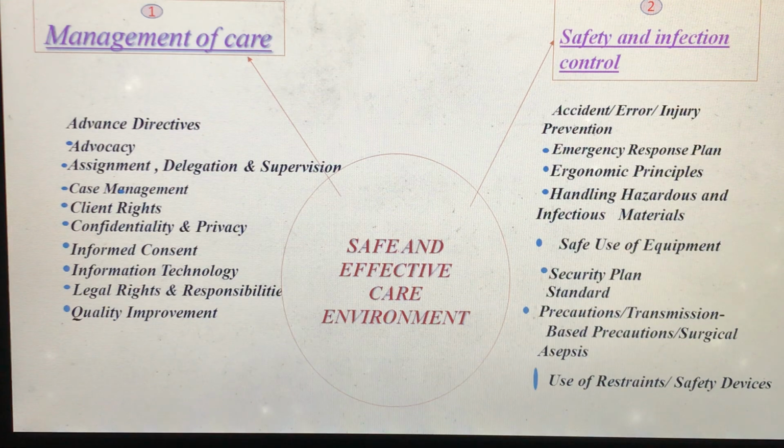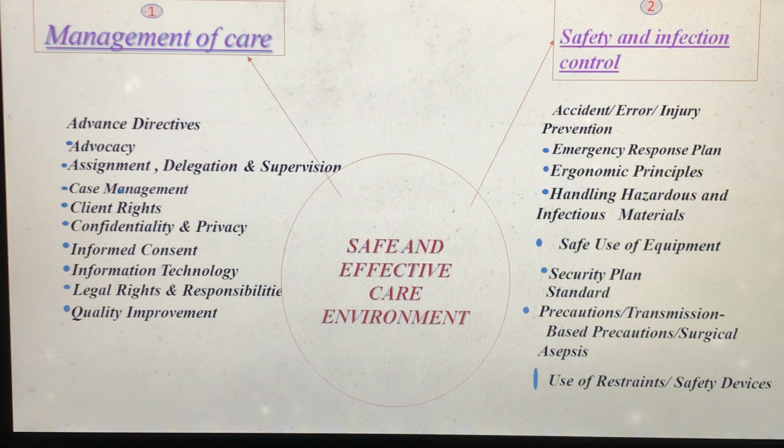Then ergonomic principles. Everybody knows, I think, ergonomic principles while we are transferring patients, or when we are bending to take some things. So what are the principles we have to follow to protect ourselves as well as the clients. Then the handling of hazardous and infectious materials. That is very important, and we can expect many questions from this part also.